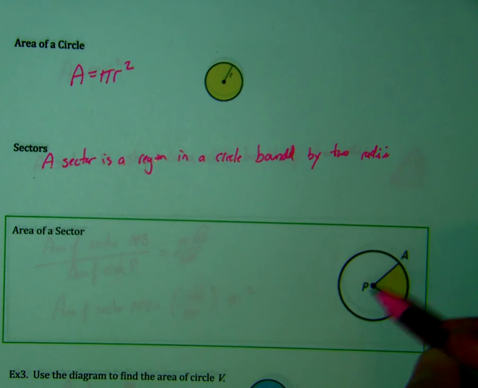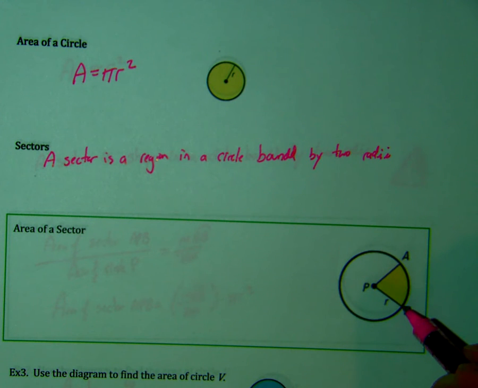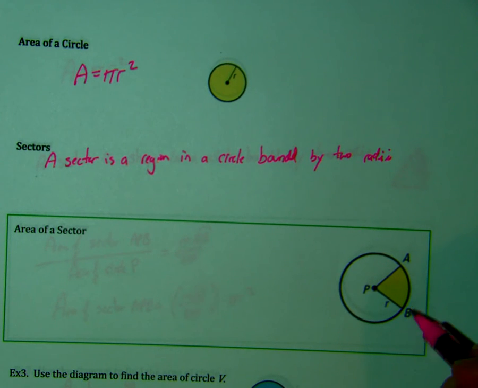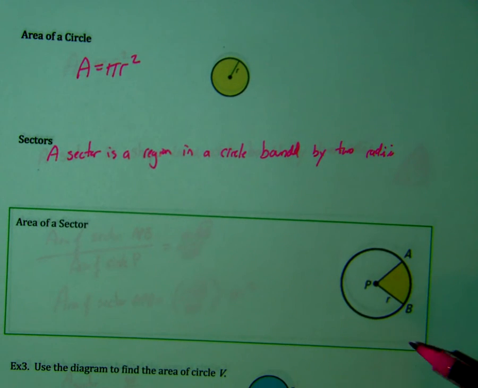So you have two radii and then a piece of the circle, an arc. Those three sides, so to speak, even though this part is curved, make up a sector. It has two straight edges and one curved edge.